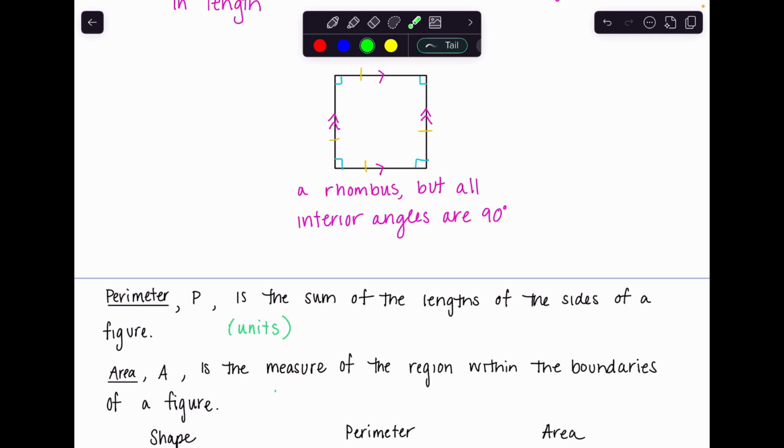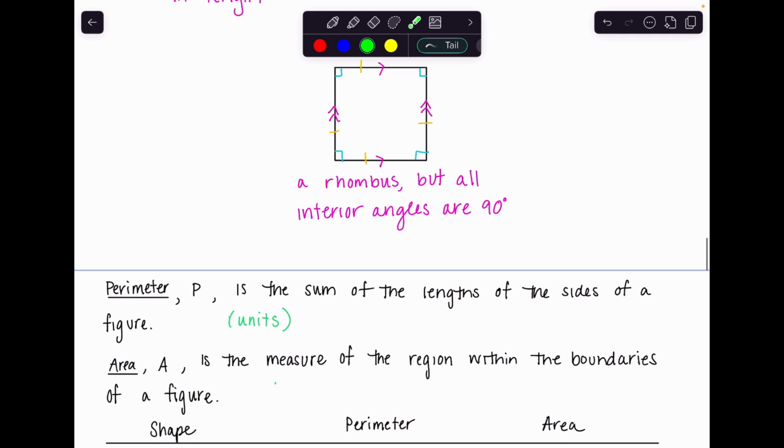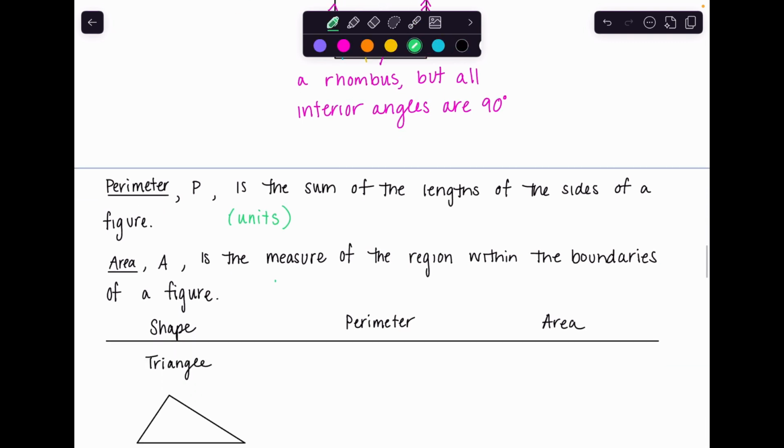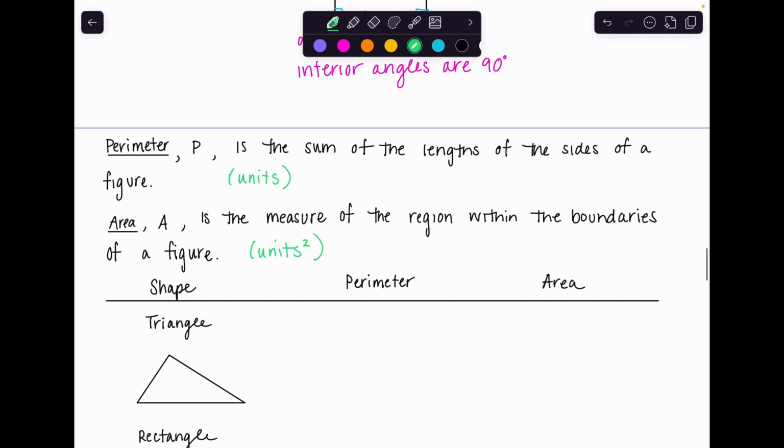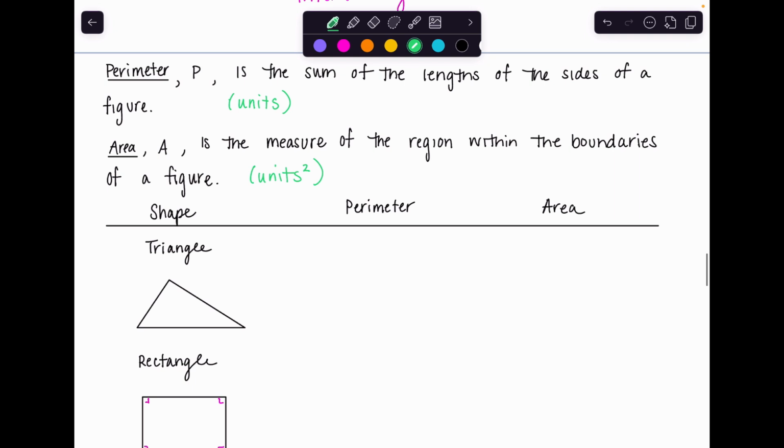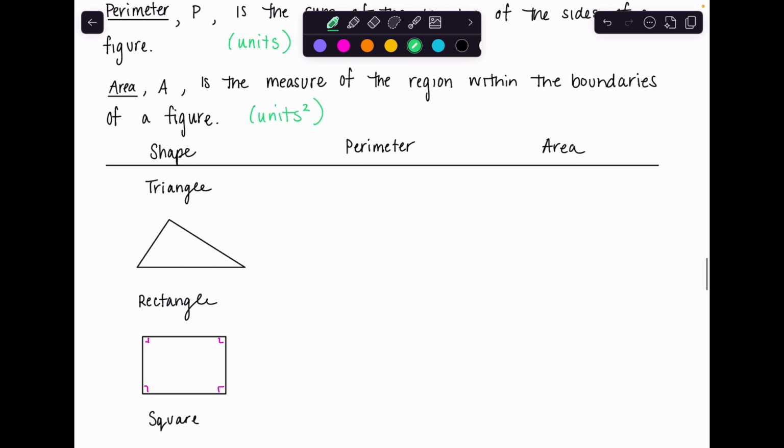Flooring is always done in square footage. So this is always going to be in the form where you have units to the second power. Okay? In the next section, when we bump it up to volume, that's a three-dimensional thing, so that'll be units to the third. So we're going to go over each of these shapes, the things you need from them, and how to figure out those different quantities.